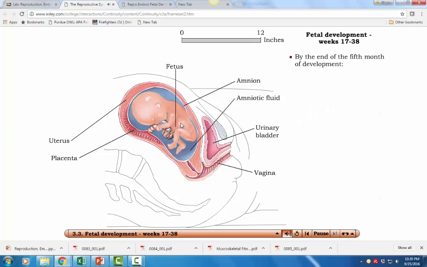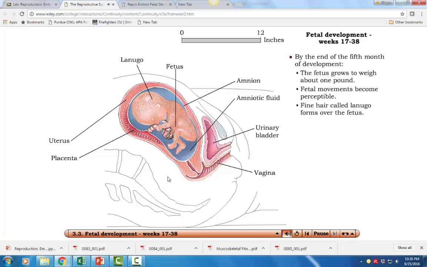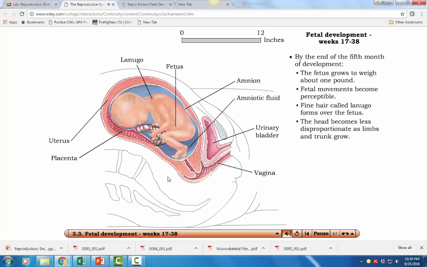By the end of the 5th month of development, the fetus grows to weigh about 1 pound, and fetal movements become perceptible. Fine hair, called lanugo, forms over the fetus. The head becomes less disproportionate as limbs and trunk grow.